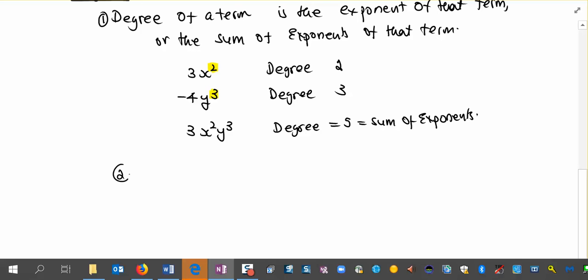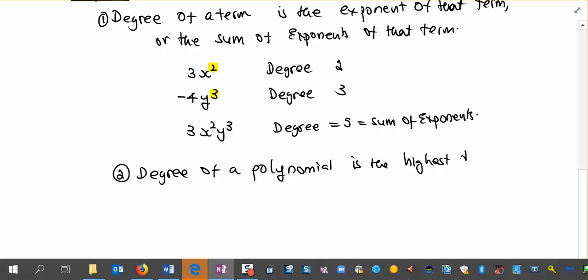The second kind of degree is the degree of a polynomial, and the degree of a polynomial is the highest degree of all terms of the polynomial.